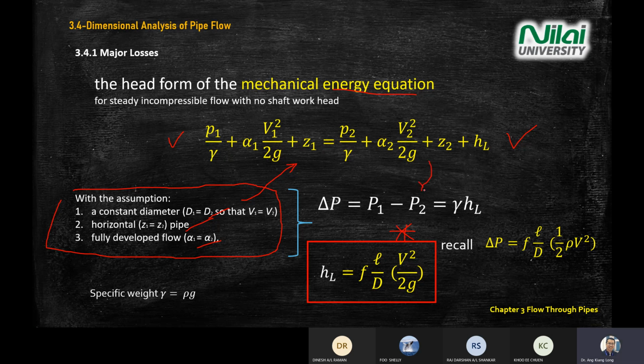You will get this one. After this, recall the delta P equation in terms of friction, length, diameter, density, and velocity of the fluid. Substitute inside there, rearrange, you get HL equals FL divided by D, V squared divided by 2G.